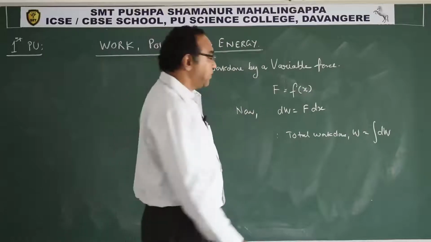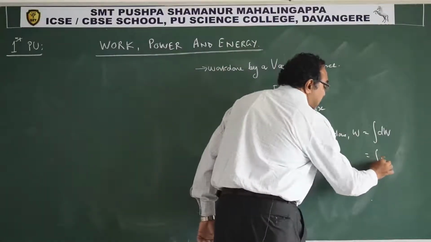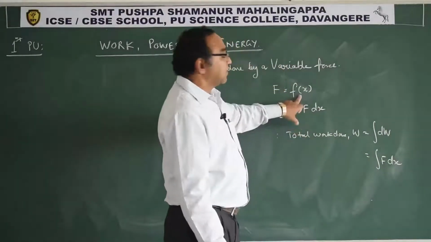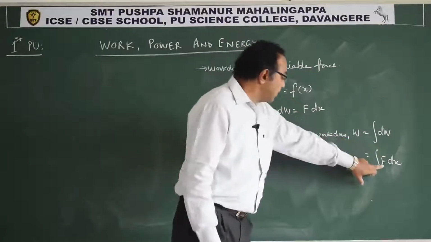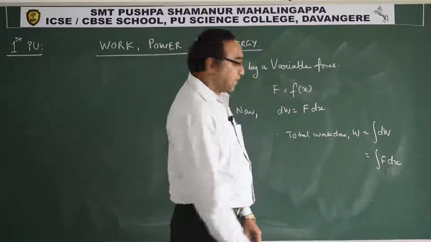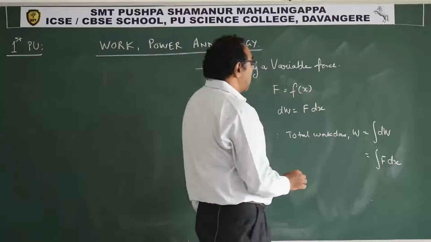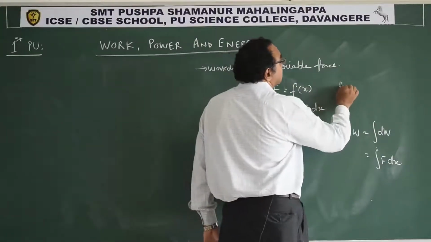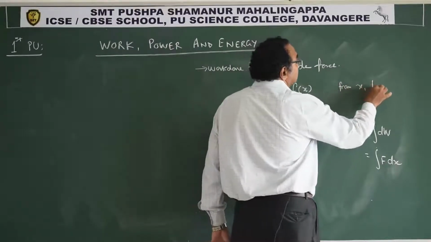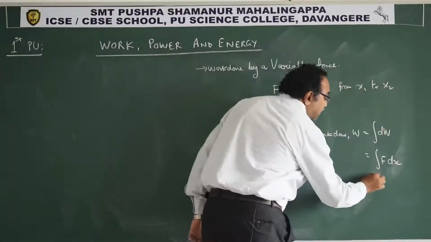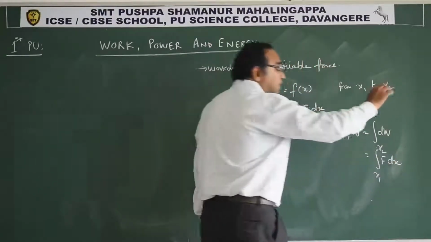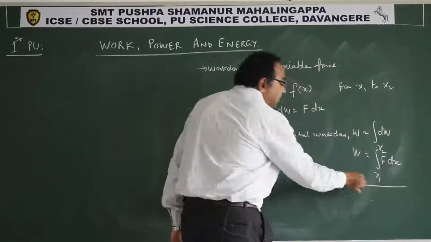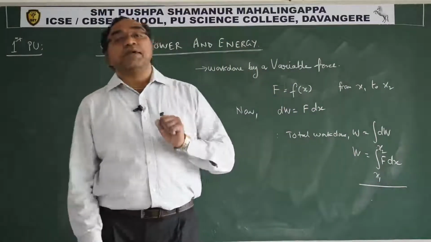When we say integration of dW, we will write this as integration of f dx. This f is a function of x. We will write whatever the function is given for force f. Now, there has to be a limit, because it will be given from work done from, say, the position x1 to x2. So your limits of integration will be from x1 to x2. This is exactly how we find out work done when the force is a variable.